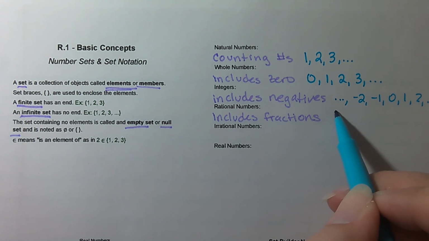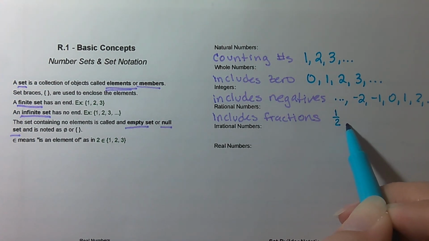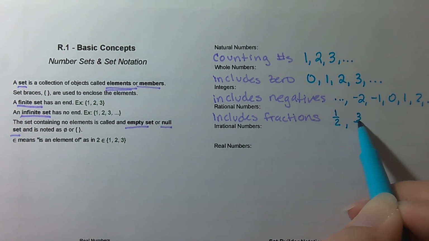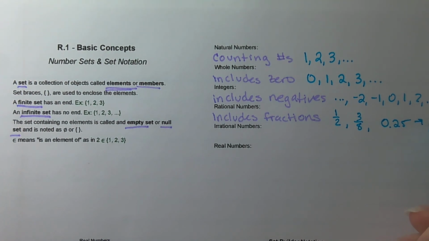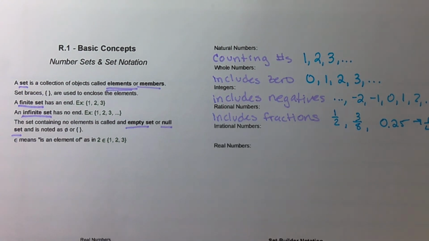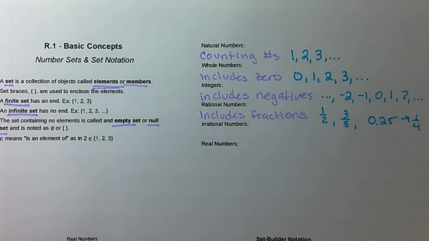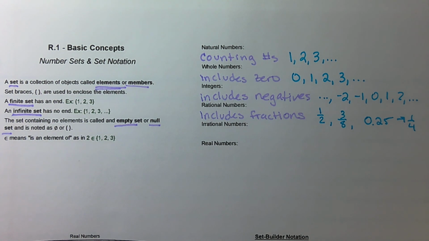So you could have 1/2, you could have 3/8. This is where you could put 0.25, because 0.25 can be written as the fraction 1/4. If you have a decimal that cannot be written as a fraction, then it's not going to be included in our rational numbers.